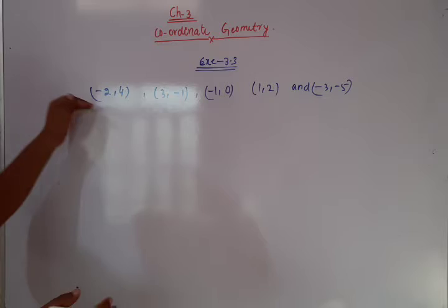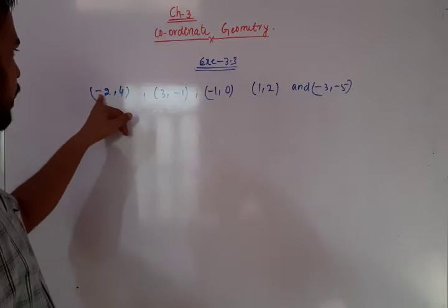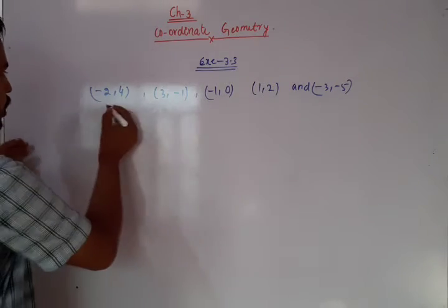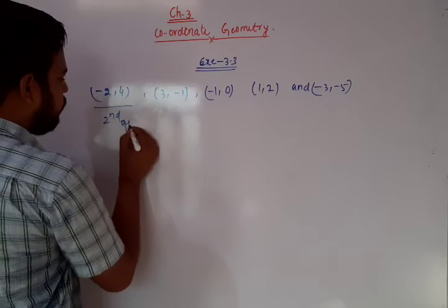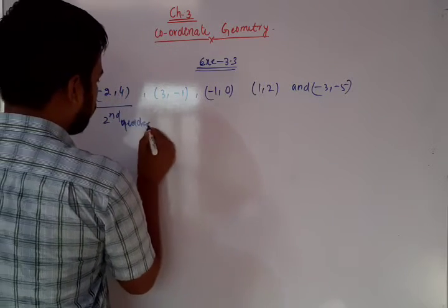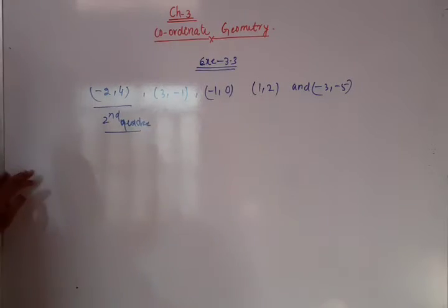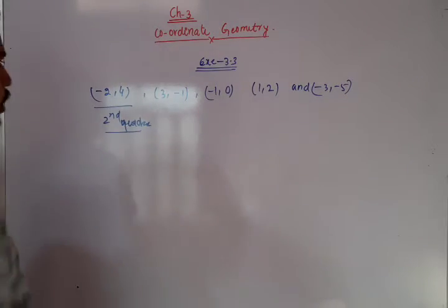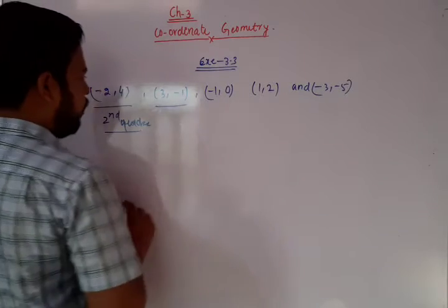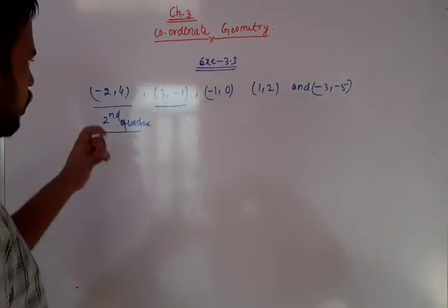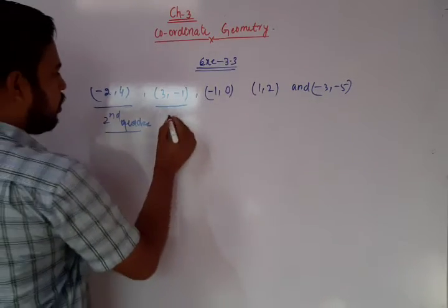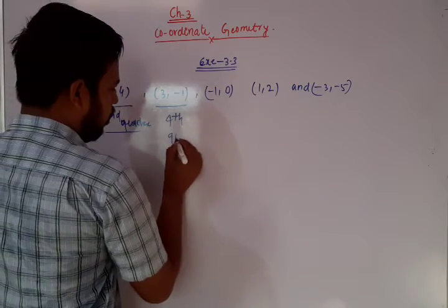See, (-2, 4): x is negative, y is positive, so this will lie in the second quadrant. (3, -1): x is positive, y is negative, so this will lie in the fourth quadrant.